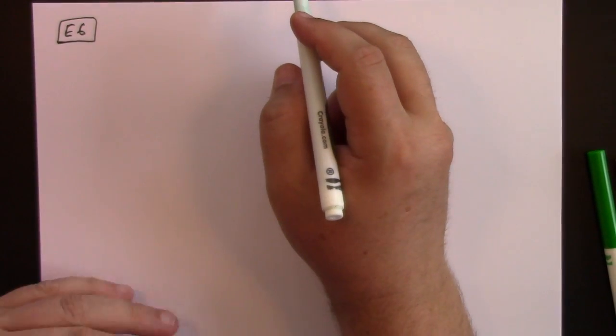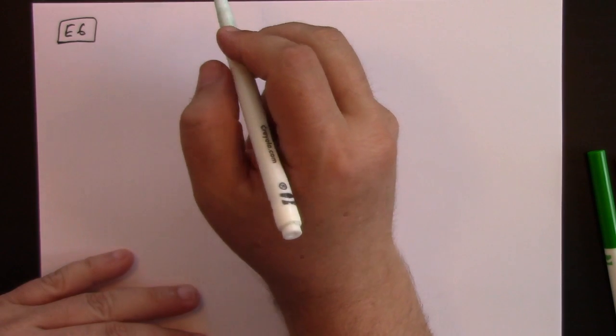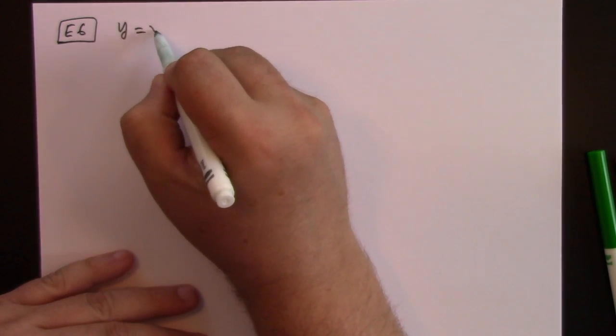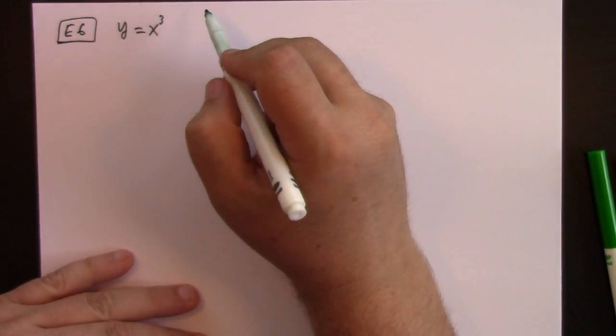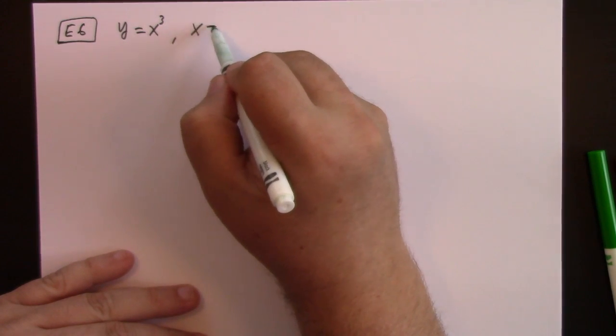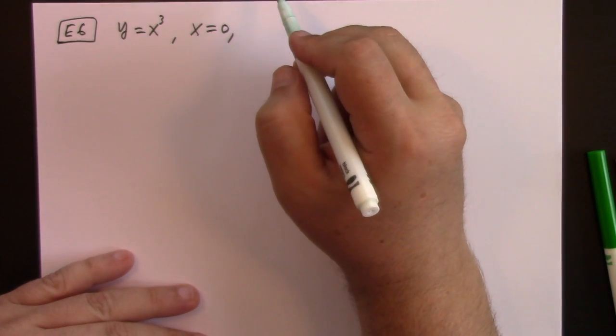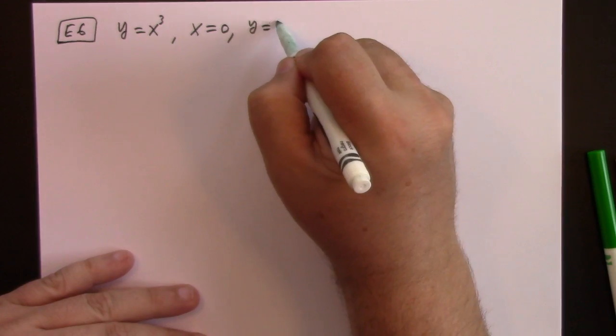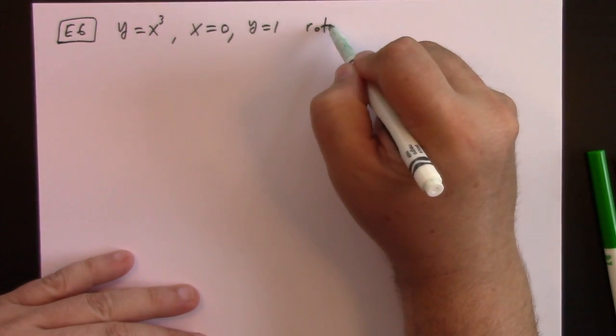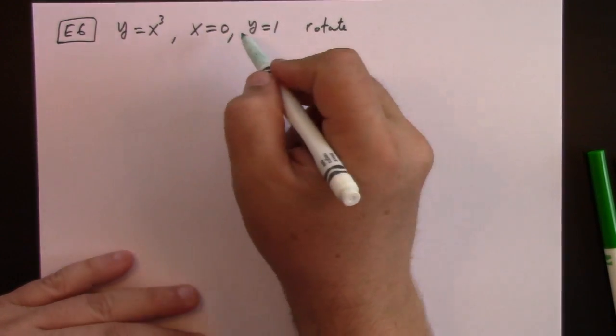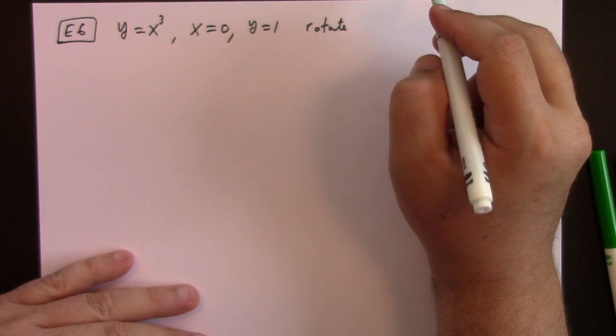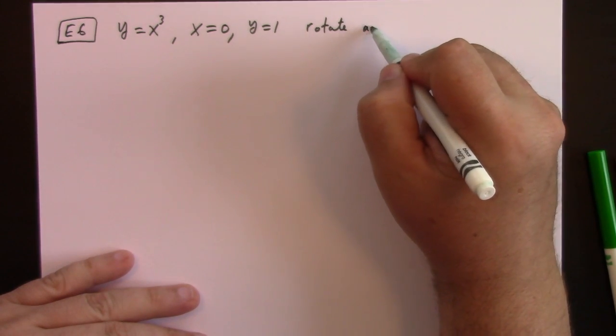Let's try to calculate the volume. Let's rotate y equals x cubed and x equals 0 and y equals 1. Rotate the area bounded by these things around the y-axis.